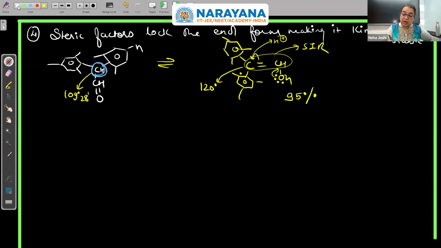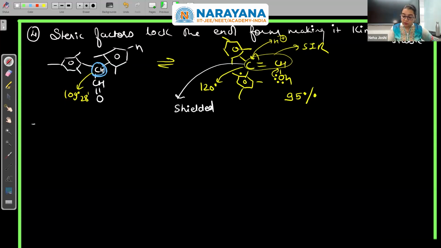This carbon is shielded, and this is why it won't form enol. So this is a general case whenever you have this type of shielding of alpha position, then steric can be responsible.